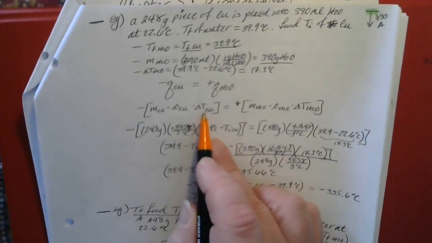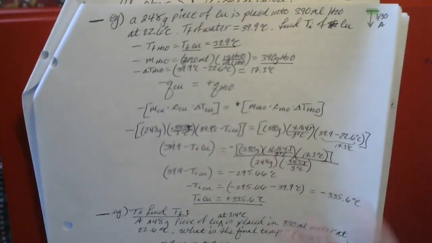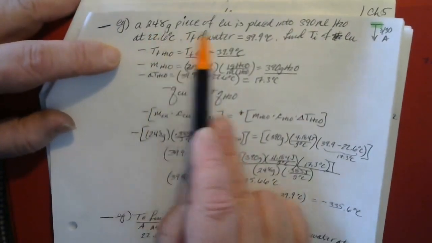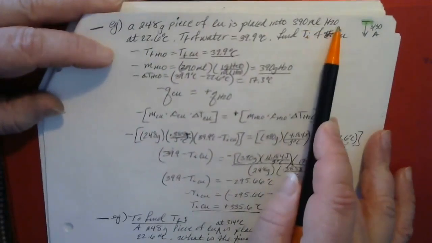Like, for instance, you could find out what was the initial temperature of the metal when you first put it into the water, based on how much water there was, what temperature the water started out at, and what temperature the water ended up at. And that's actually what's going on here. A 248 gram piece of copper is placed into 390 milliliters of water.